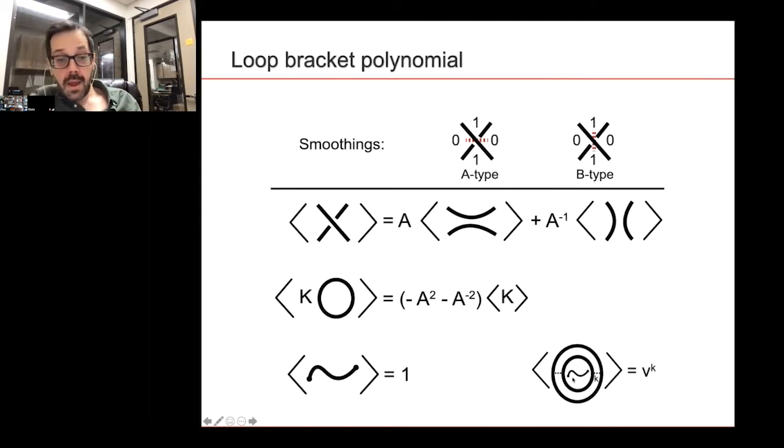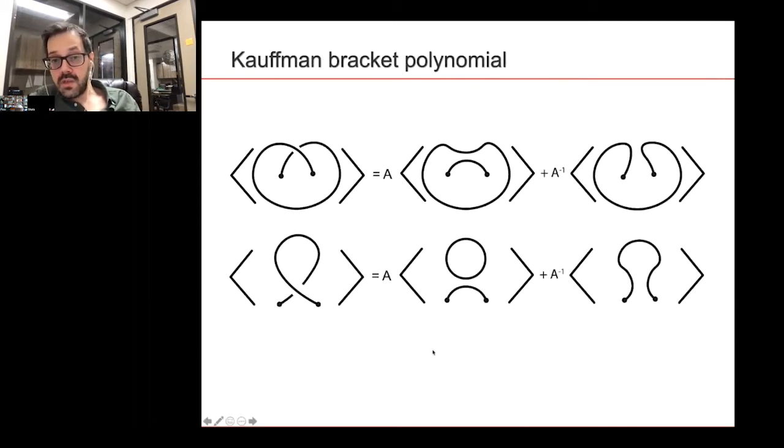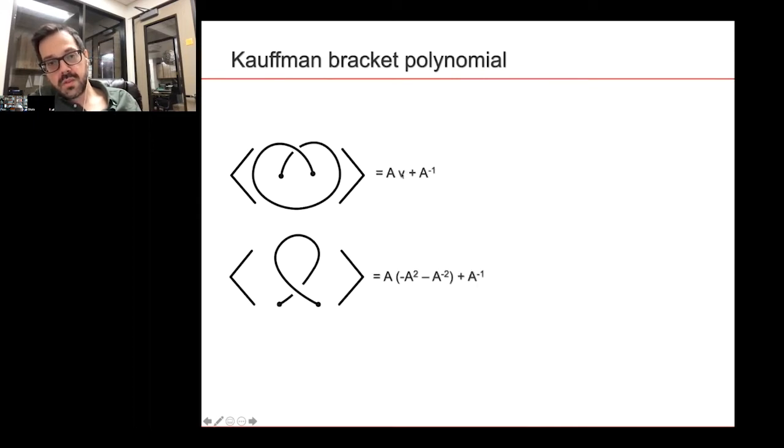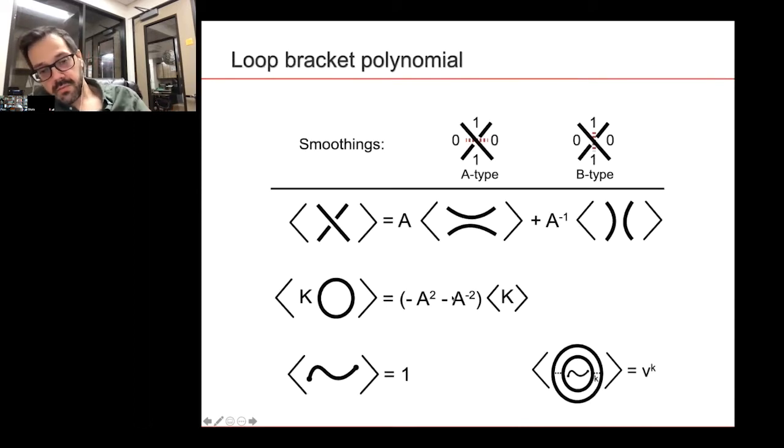Okay. And now if we go and do the same computation again, we see that we have here a disjoint circle that doesn't surround the long segment. Here we do have one that surrounds the long segment. So this will get the value of v, and this will get multiplied by the actual factor here.